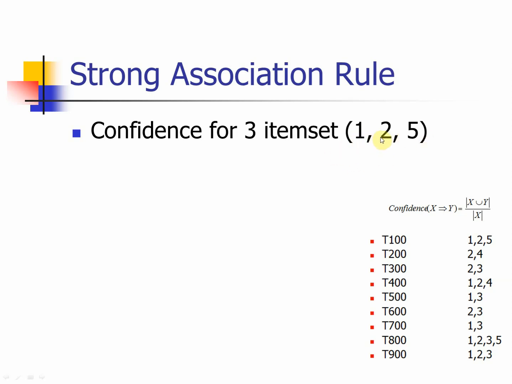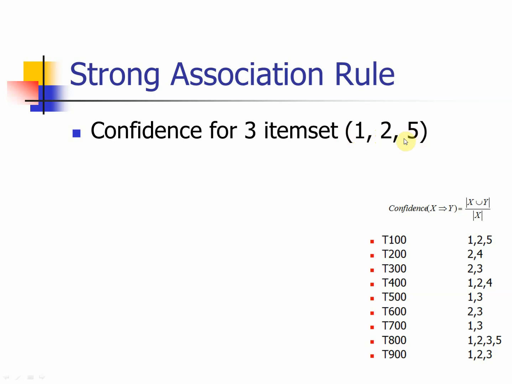Item 2 goes to 1, 5. Item 5 goes to 1, 2. That makes our precedent a 1-item set and the consequent a 2-item set. However, it can be the reverse, which means that we can have our precedent as a 2-item set and our consequent as a 1-item set. In that case, we will have 1, 2 goes to 5.